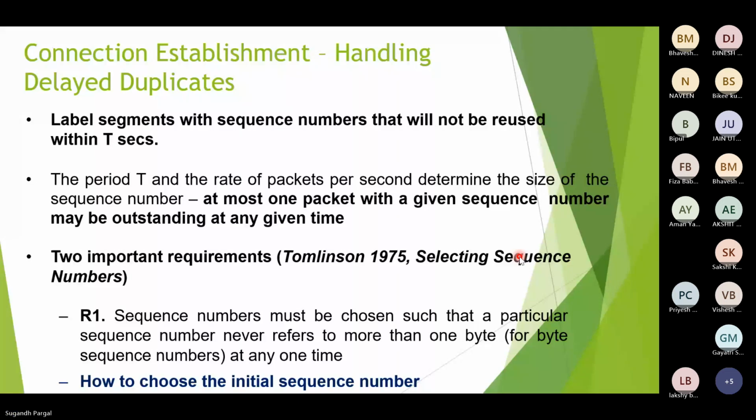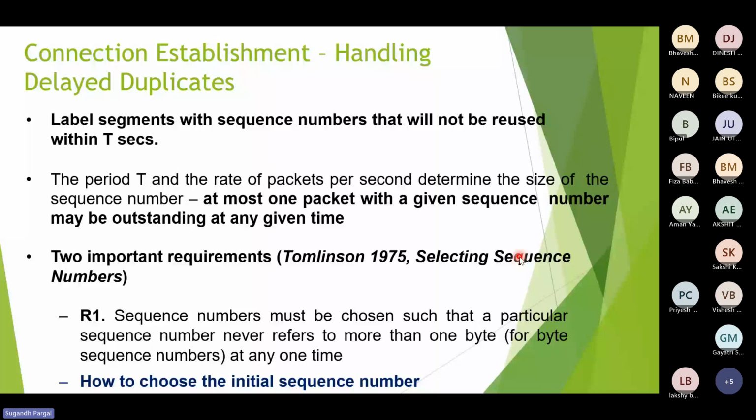At most, one packet with a given sequence number may be outstanding at any one time. So there are two most important requirements: sequence numbers must be chosen such that a particular sequence number refers to only one byte at any one time.